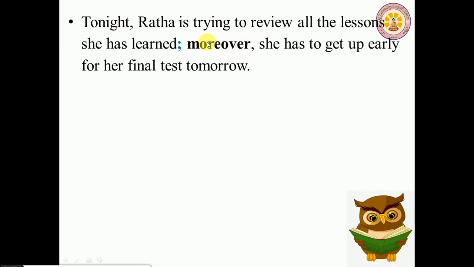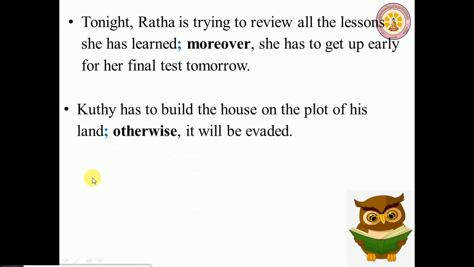It is used to connect two main clauses: Nairotha is trying to review all the lessons she has learned, and the other main clause, she has to get up early for her final test tomorrow. Two main clauses are connected by the conjunctive adverb, and we have to use a semicolon after the first main clause, and a comma after the conjunctive adverb.